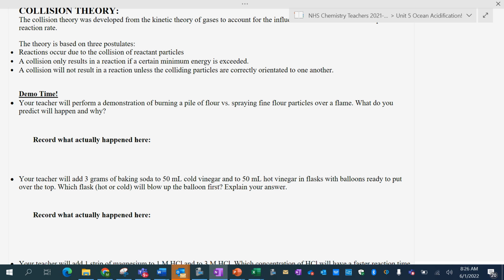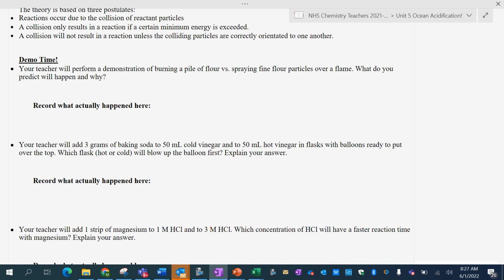All right, let's talk about this in the context of some demos that we did in class. In class, we had a piece of metal with some flour on it, and it kind of got scorched. And then when we put flour in a bottle and sprayed it over a flame, there was a huge ball of fire. Why did that happen?